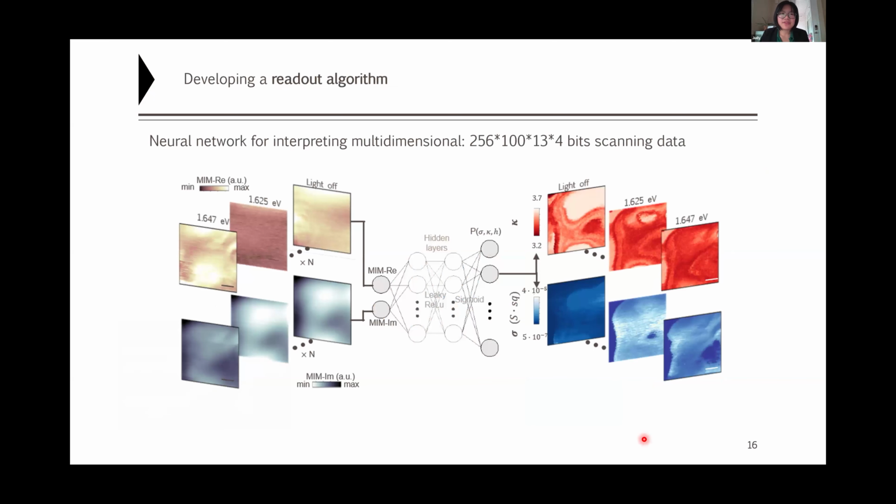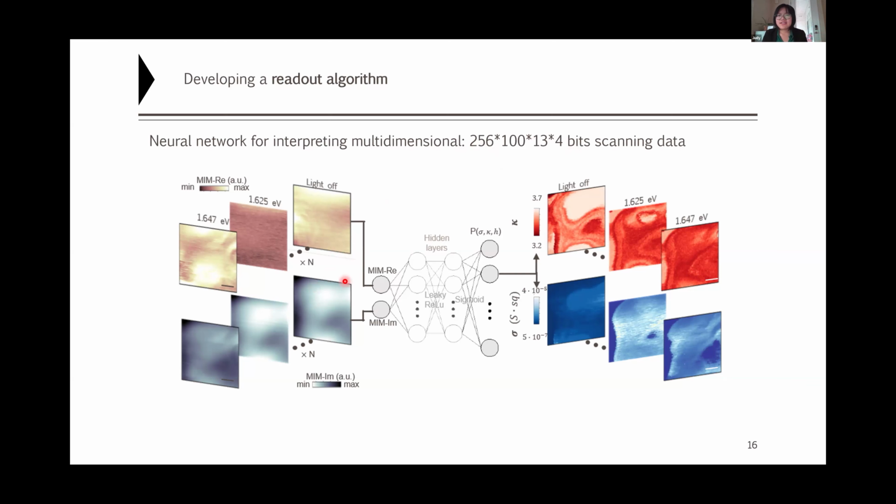Eventually, we started developing this readout algorithm. We used deep neural networks because there was a lot of data, with 2D maps of 256 by 100 pixels in one map. So in this map, that's 256 by 100 data points. And then we have many different optical excitation energies and also different channels.